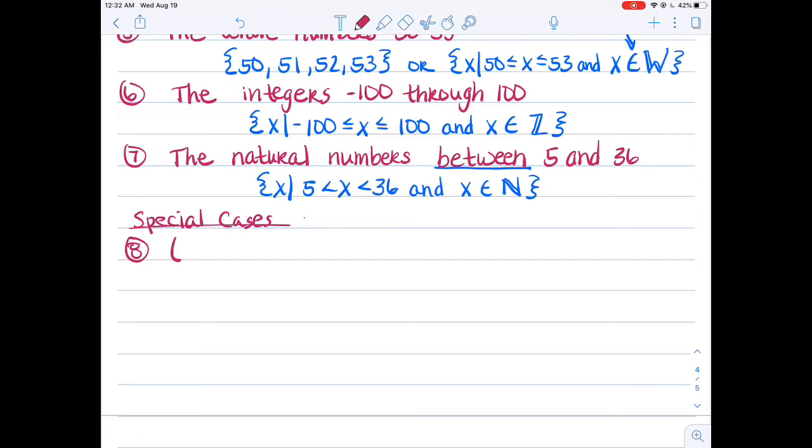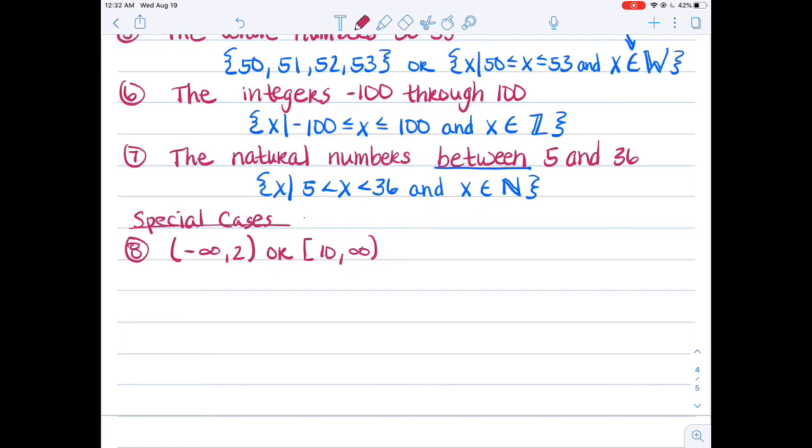Sometimes when we write our interval notation, there's not just one interval. We might have negative infinity to 2, or x might be over here on the other side from 10 to infinity. So let's take a look at this.